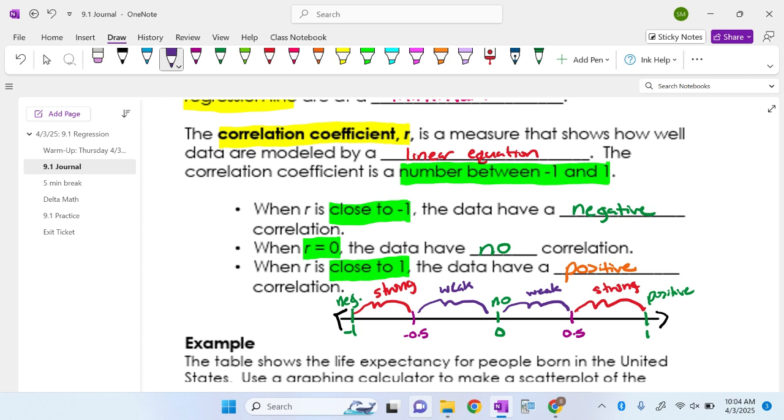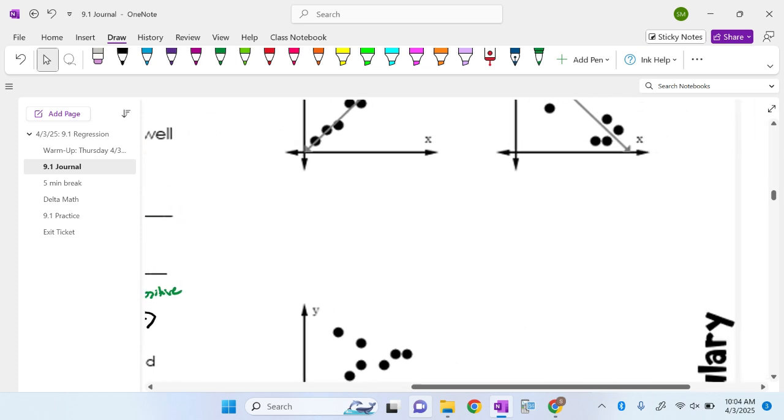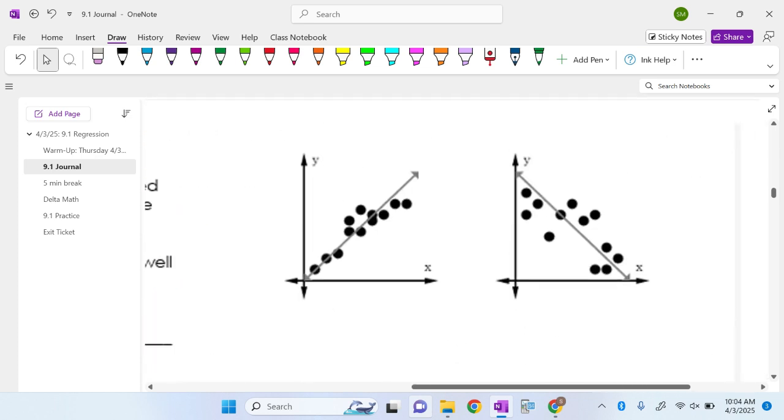You can also look at it through its scatter plot. We'll come back to the example below this in a second, but look to the side of that same page where we have those three different scatter plots. There are three ways to tell if your correlation is strong or weak or not at all.